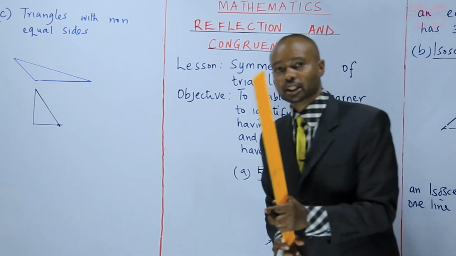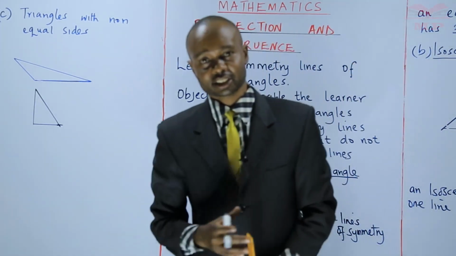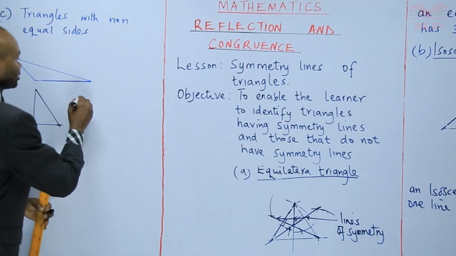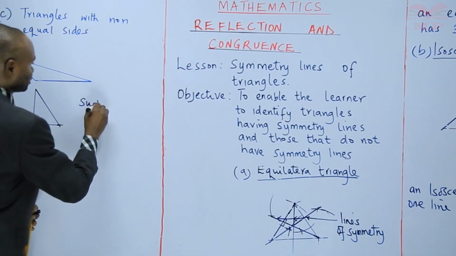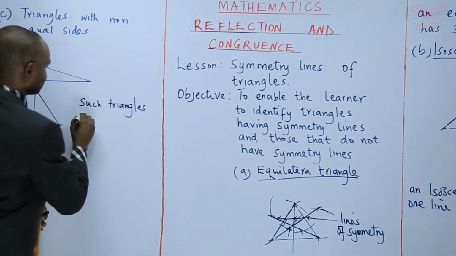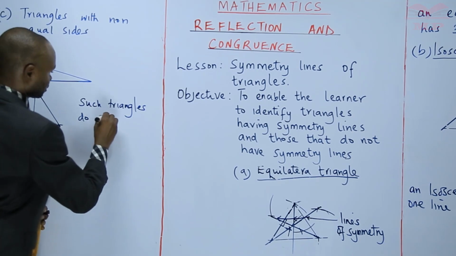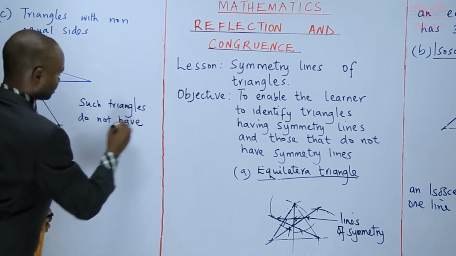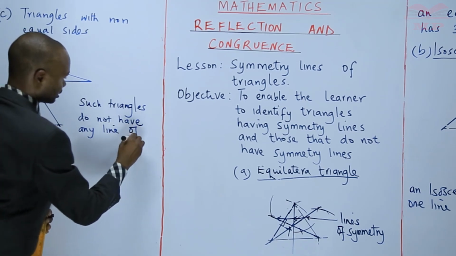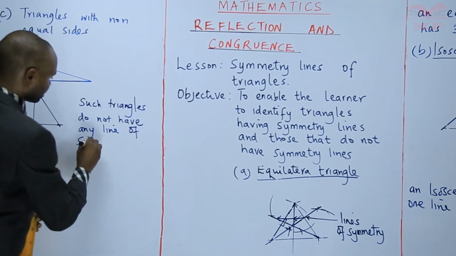Such triangles, you can never get a symmetry line. So such triangles do not have any line of symmetry.